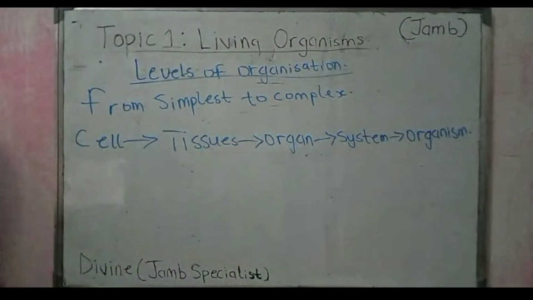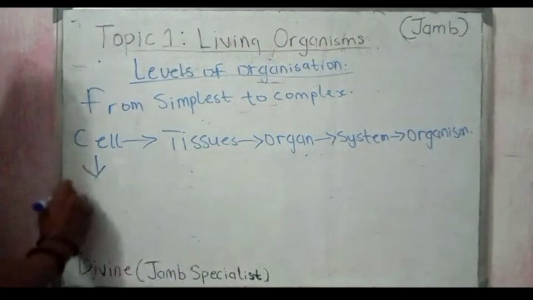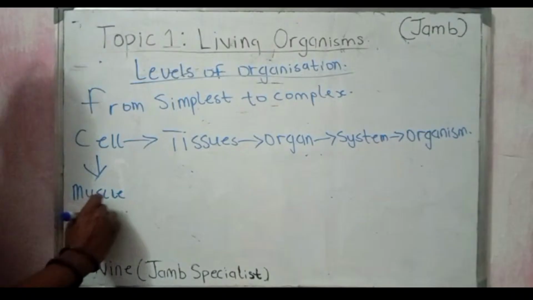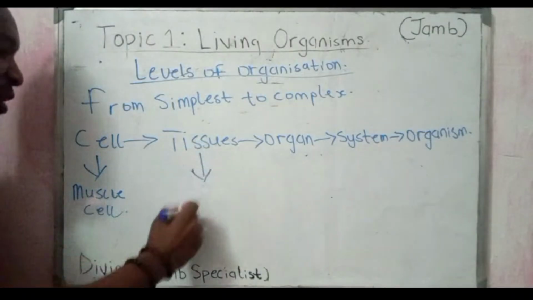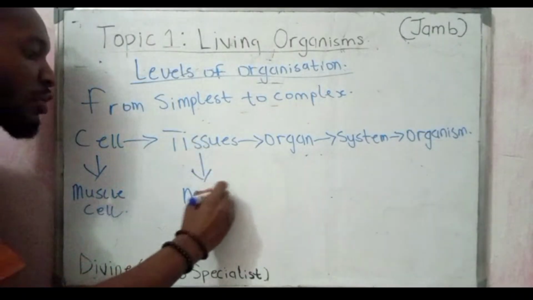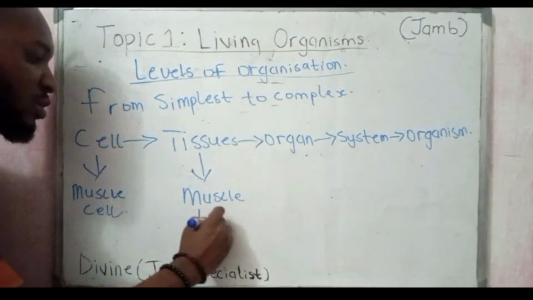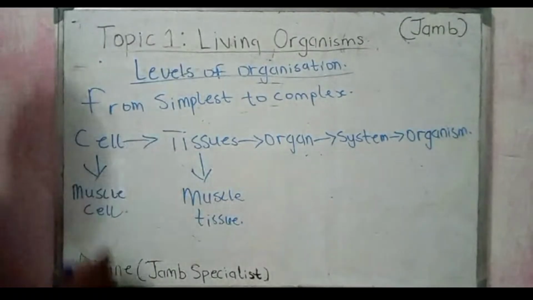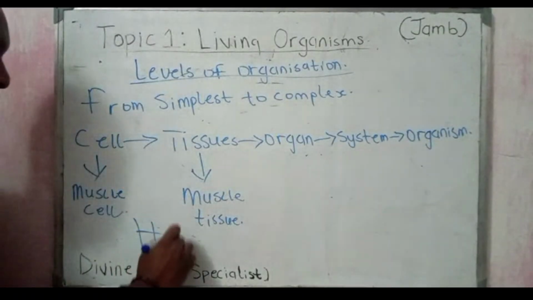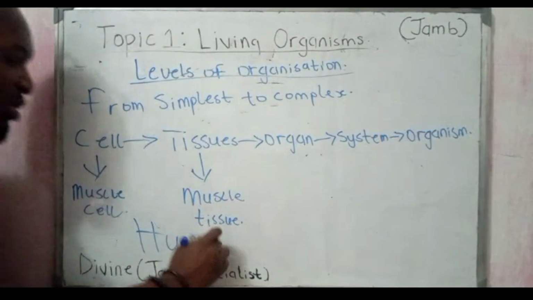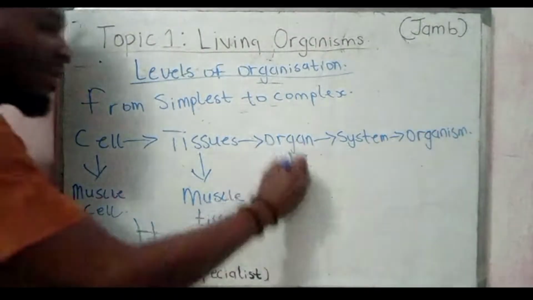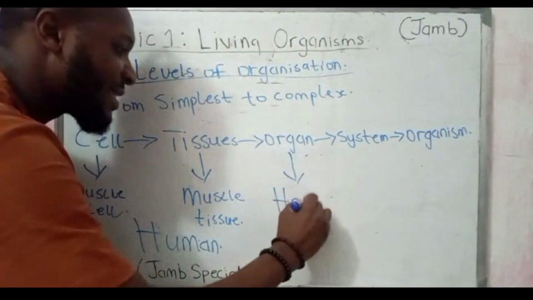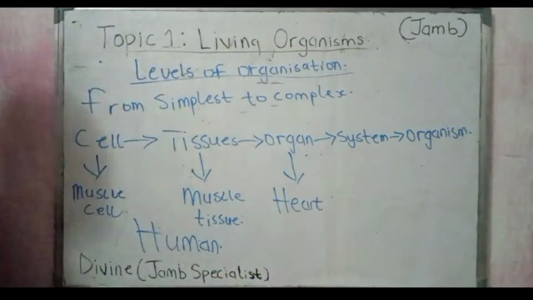Under cell, you can see we have muscle cells. Under tissue, we have muscle tissue. Note, we are using human as an example, as a case study. One organ from the human body is the heart.